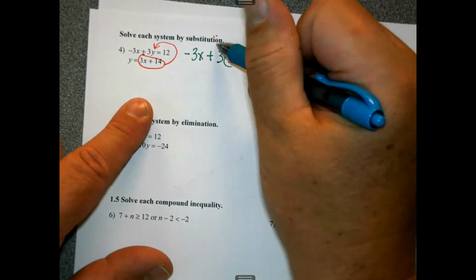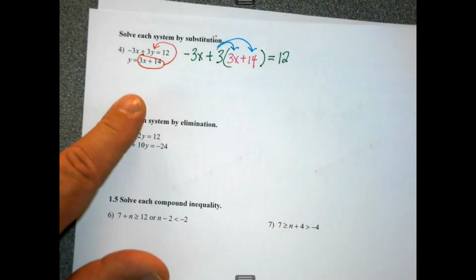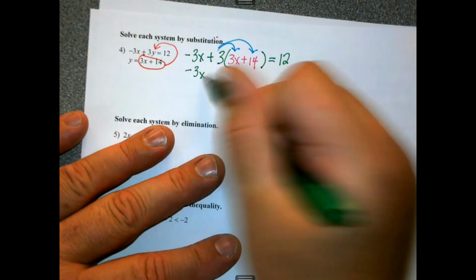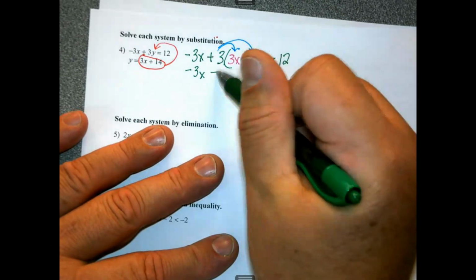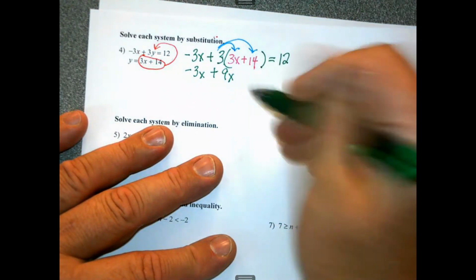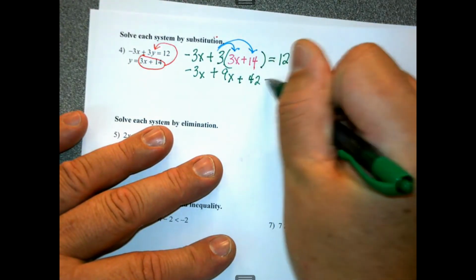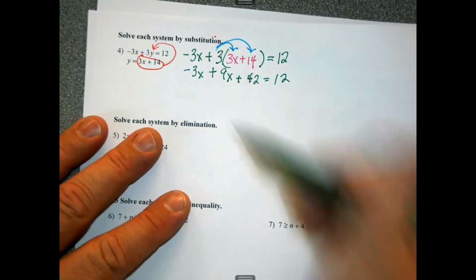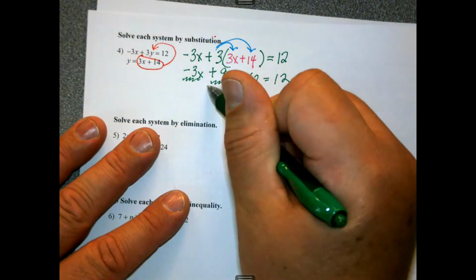Then I'm going to distribute the 3 and solve for x. So I have negative 3x, positive 3 times 3x is a positive 9x. Positive 3 times 14 is going to be positive 42. Combine my like terms, negative 3x, positive 9x, positive 6x.